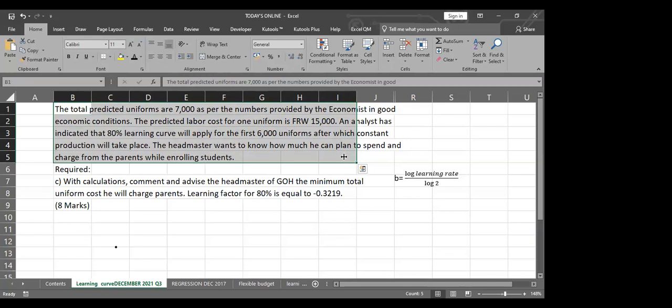The predicted labor cost for one uniform is 15,000. An analyst has indicated that an 80% learning curve will apply for the first 6,000 uniforms, after which constant production will take place, meaning the learning stops. Everybody knows there's a point where you're not learning much.